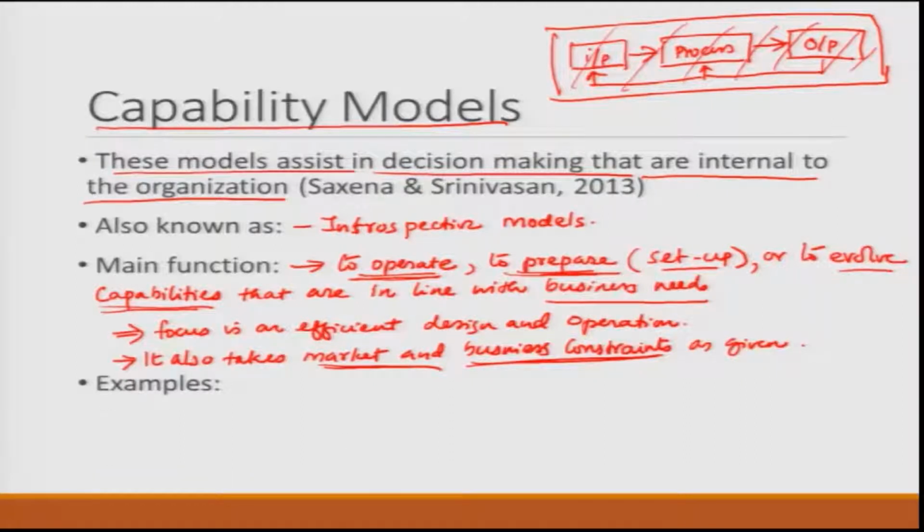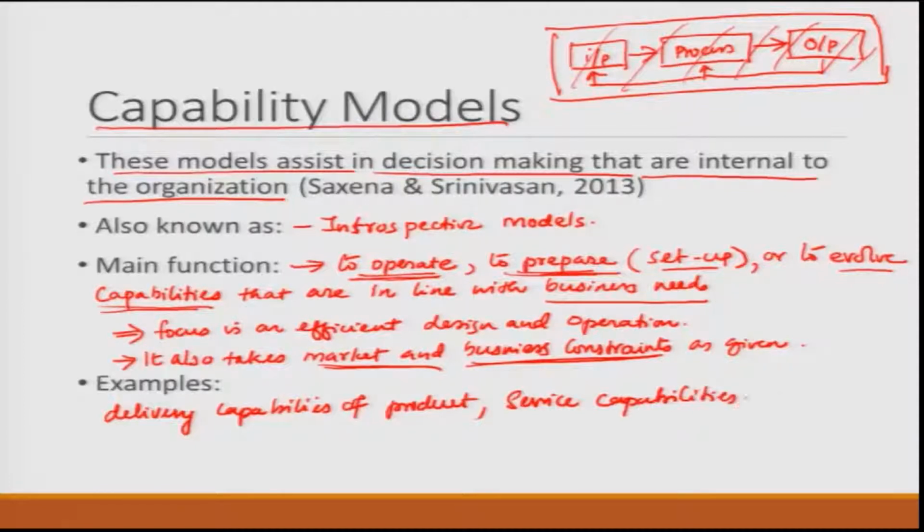The examples of this are delivery capability of a product, service capabilities, manpower planning, R&D, etc. When the Tata Nano was planned by Tata, they needed to decide, if you are going to build so many cars, how will we deliver these cars to the customers?